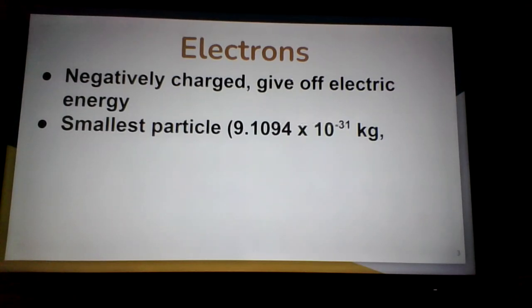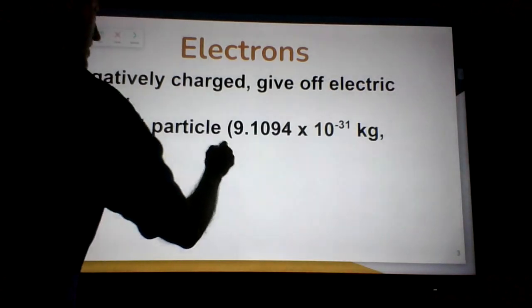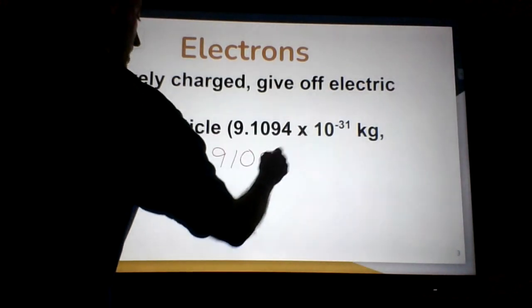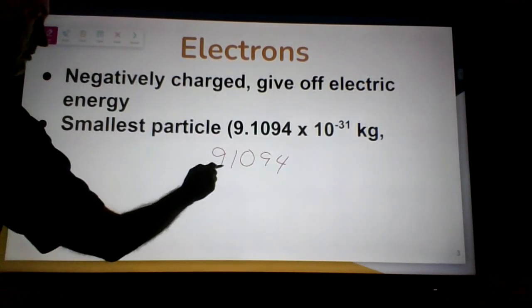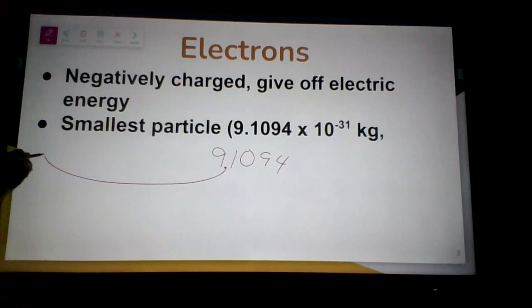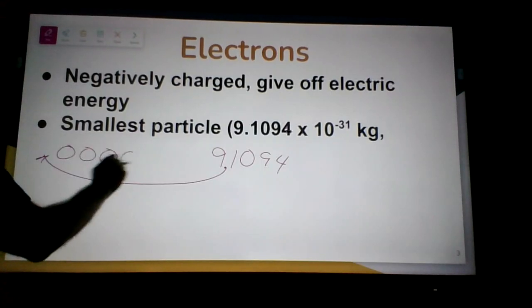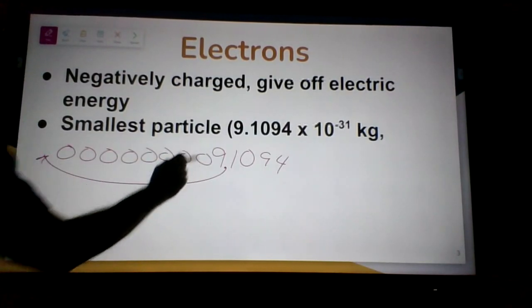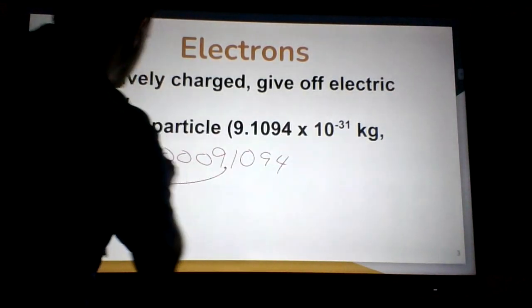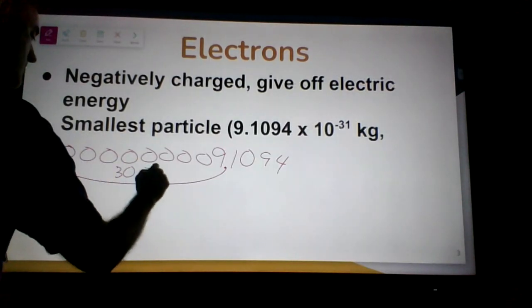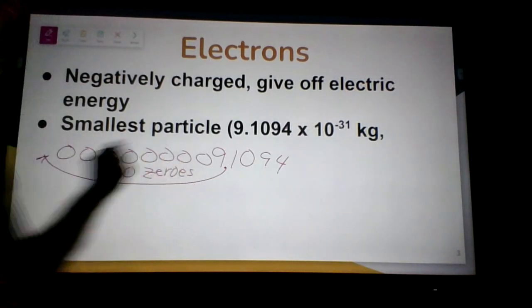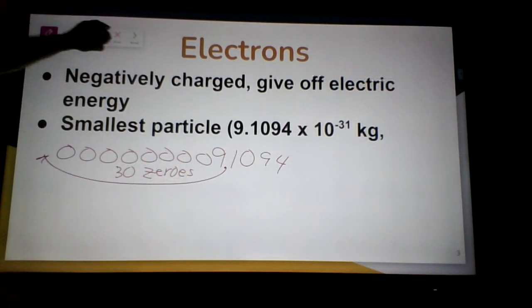That is a very small number. And that means 91094. I won't write them all out, but if I start here, I'm going to go way out here with all these zeros. This is nowhere near as many. We're actually going to need 30 of those zeros. And that'll tell you how small the mass of an electron is.